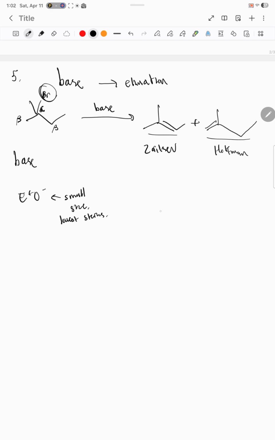It means that whenever it approaches the hydrogen of either beta carbons, it will have the least things getting in the way, and so in this case the Zaitsev will be the majority, 70 majority. Hoffman will be minority.